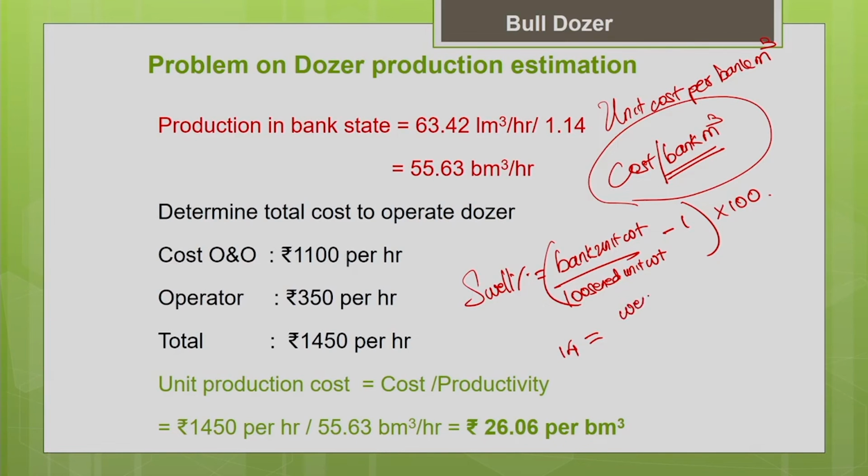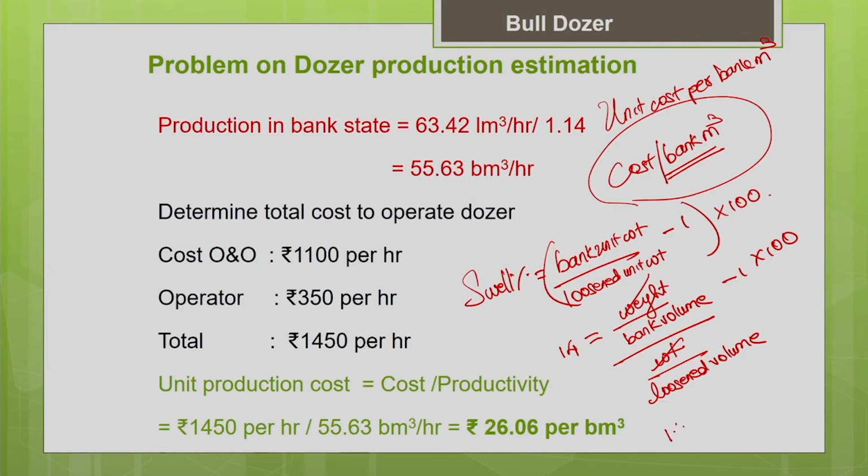So it is nothing but weight by volume, weight by bank volume. Weight is going to be the same for both the cases, only the volumetric measure is different, weight by loosened volume. So weight is the same, you can cancel it, minus 1 into 100. If you move this to the left hand side, 14 divided by 100 plus 1, that is nothing but 1.14 equal to loose volume divided by bank volume.